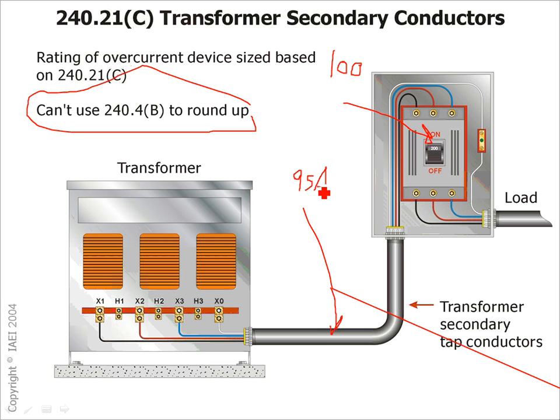They like to test people on the master and journeyman with it. That rule of rounding up does not apply when you tap. So what does that mean? Meaning your feeder has to match your overcurrent device here, or be bigger. Does that make sense, guys? You cannot use 240.4(B) to round up.